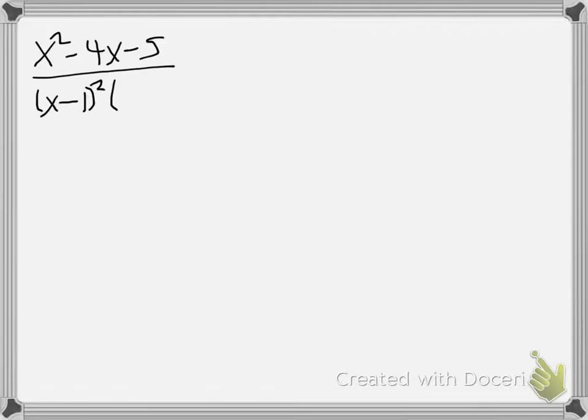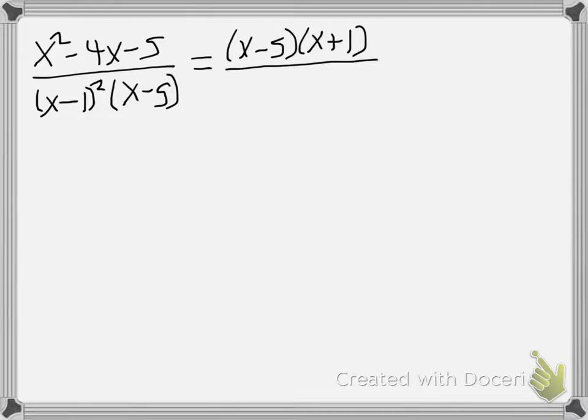Okay, let's look at the third function. X squared minus 4x minus 5 divided by x minus 1 squared times x minus 5. All right, so let's factor. We've got x minus 5 times x plus 1 over, I'm just going to write it backwards so you can see, x minus 5 times x minus 1 squared.